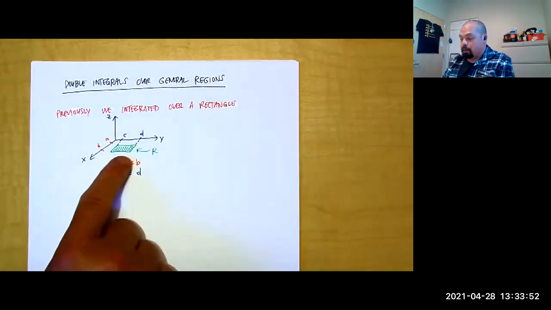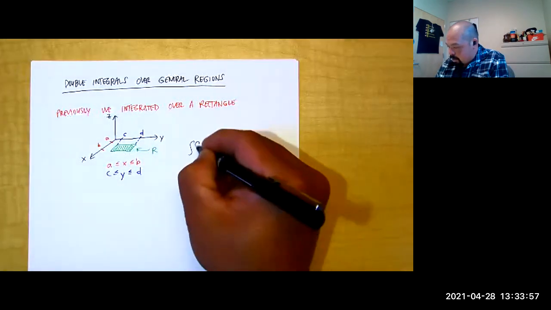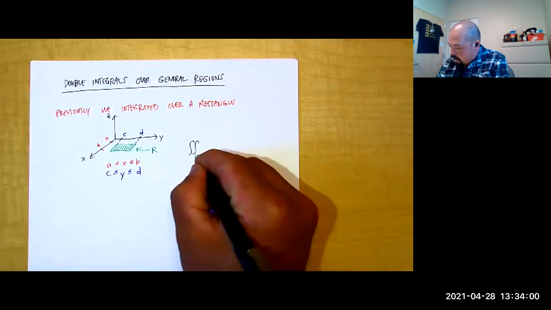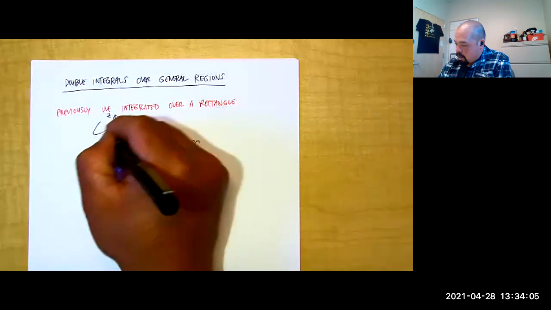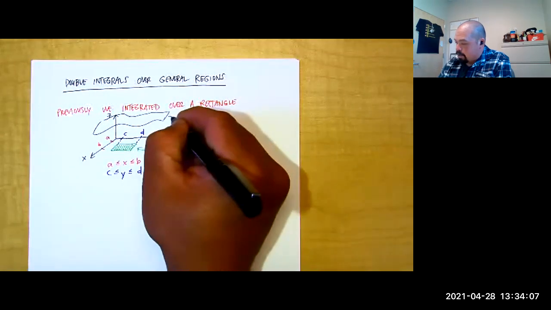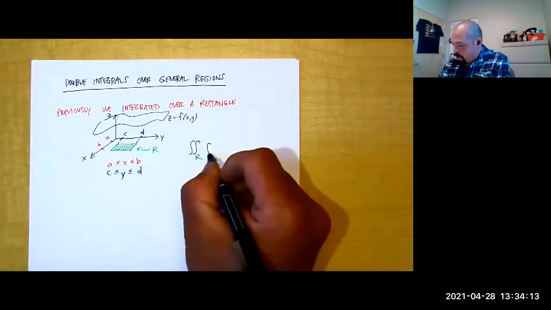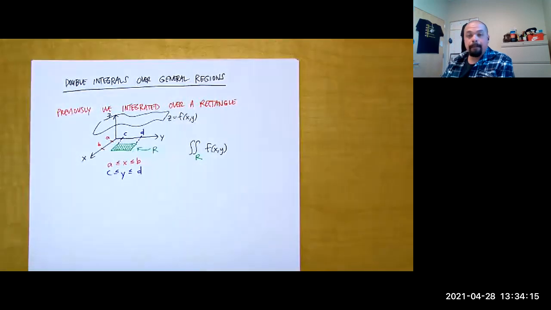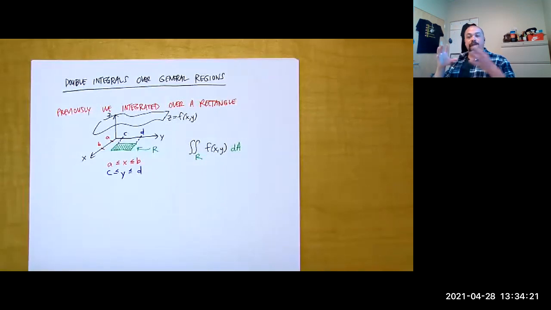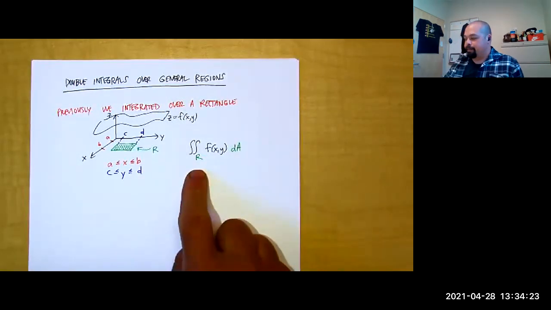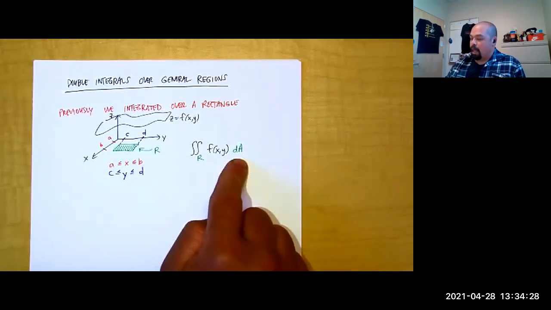So between those regions, we would take this integral over R, over that region, and we can have some surface as a function of x and y, and we call it dA. So we have this region, which we defined as a rectangle before.